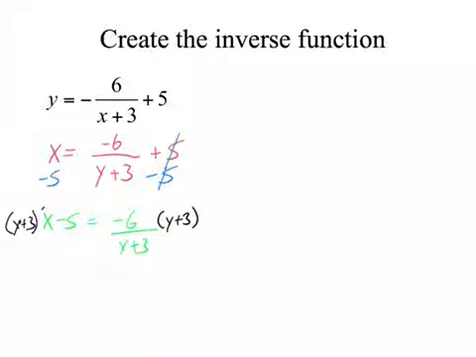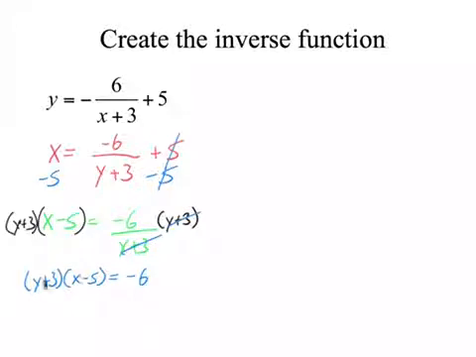Now, I'd also recommend to put this in parentheses when you do that, because it's the whole thing times y plus 3. This divides out. Do not FOIL the left side, just write it as y plus 3 times x minus 5 equals negative 6. So we almost made it worse, but we can quickly get rid of this piece.